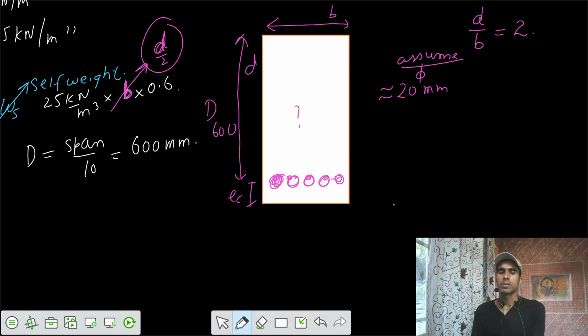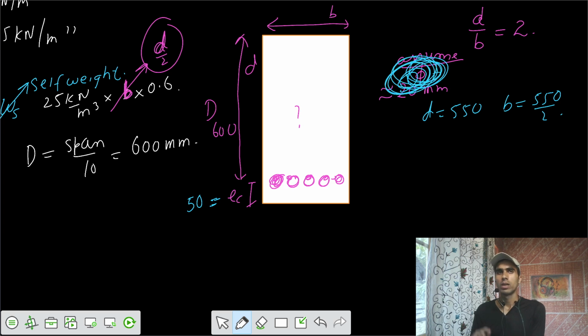Finally, if I take an effective cover of 50 directly without worrying too much, I would say your small d would be 550 and your b would be 550 by 2.